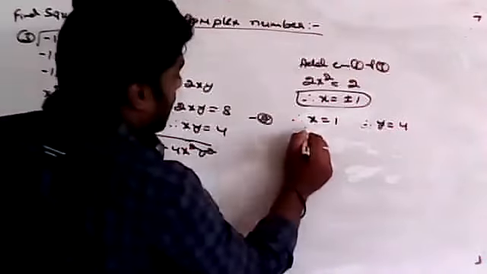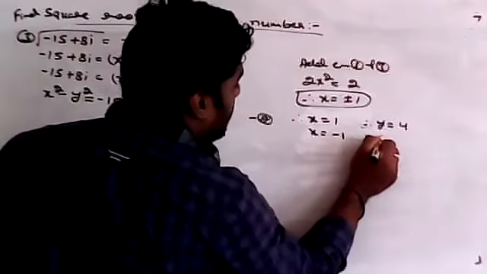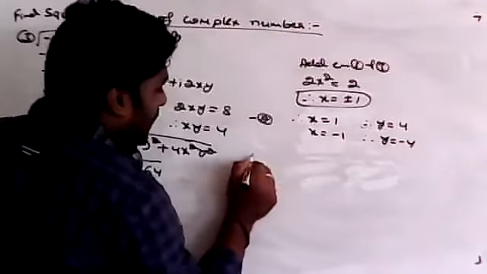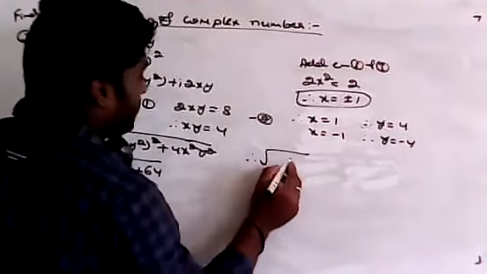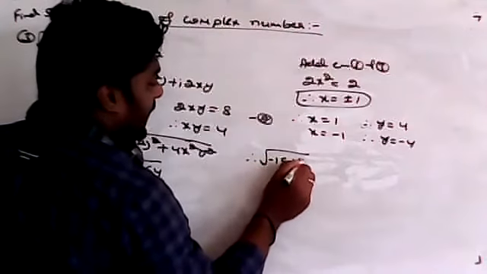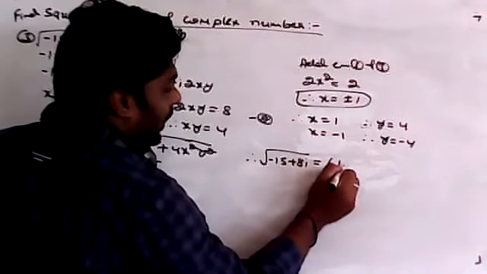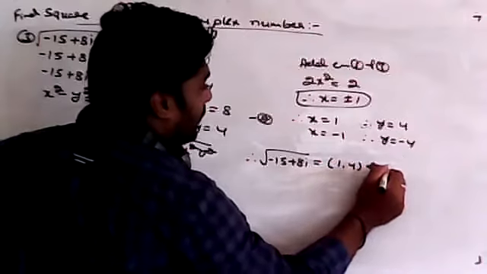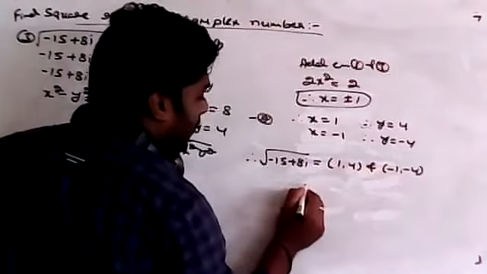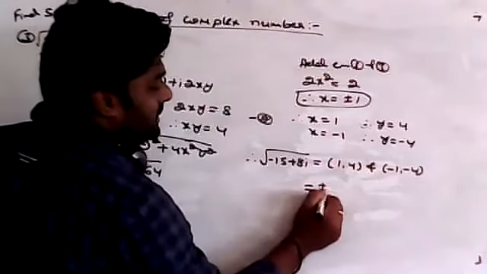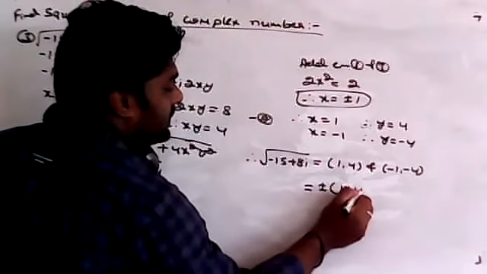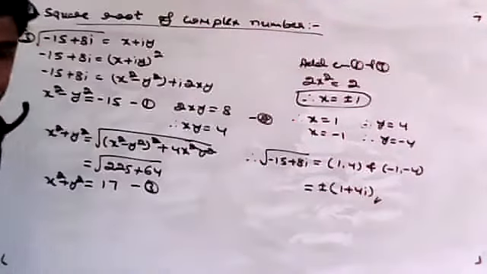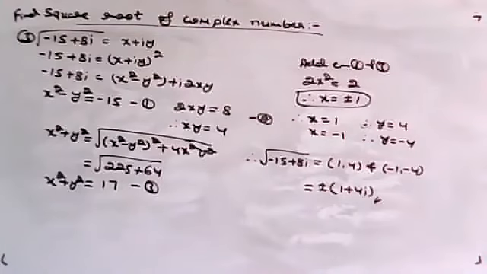And when the x value is minus 1, y value is minus 4. Therefore, the square root of minus 15 plus 8i has the points 1 comma 4 and minus 1 comma minus 4, which we can write as plus or minus 1 plus 4i.